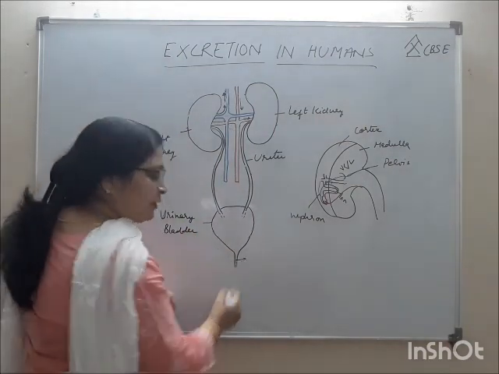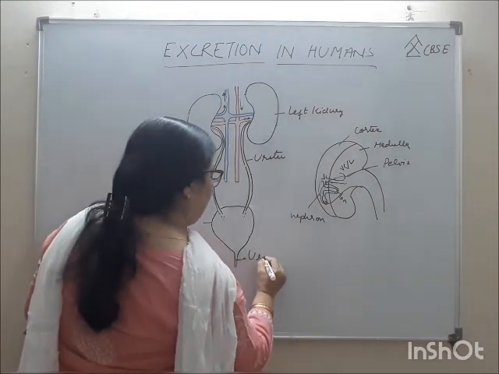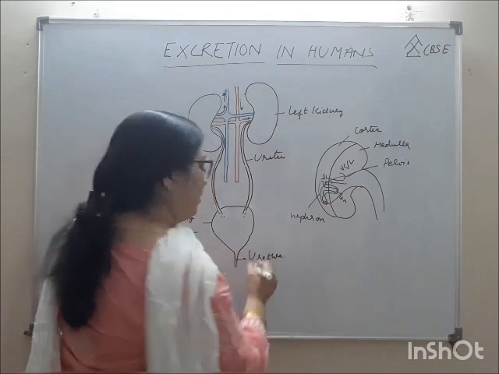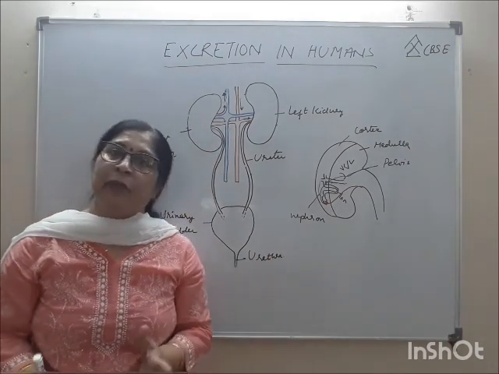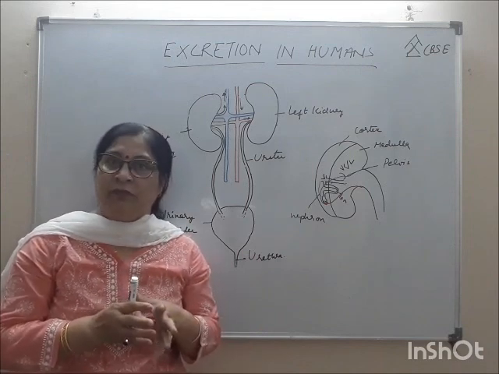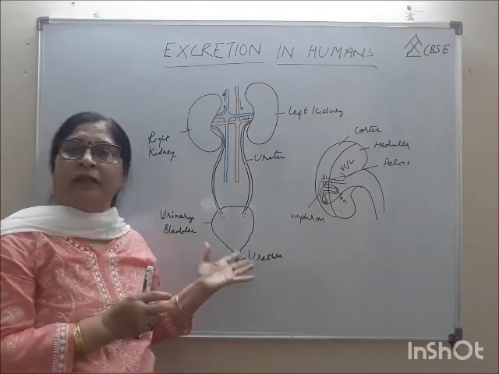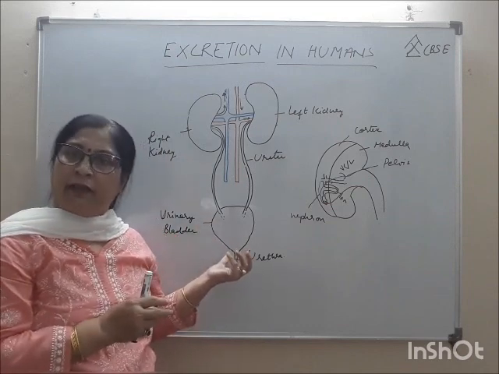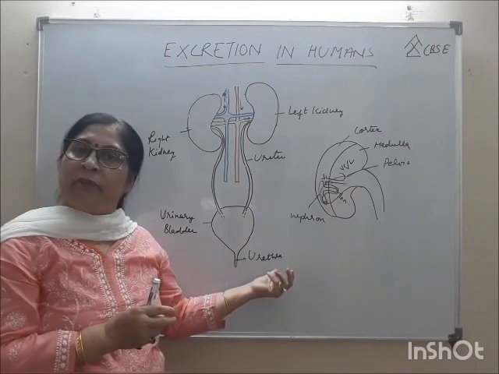And the last small passage which passes urine is known as urethra. The size of urethra varies in males and females. In females, the size of urethra is small. ठीक है. फीमेल के अंदर यूरेथ्रा का साइज छोटा होता है और मेल के अंदर यूरेथ्रा का साइज बड़ा होता है. ठीक है. सो द यूरिन पासेस थ्रू दिस यूरेथ्रा.